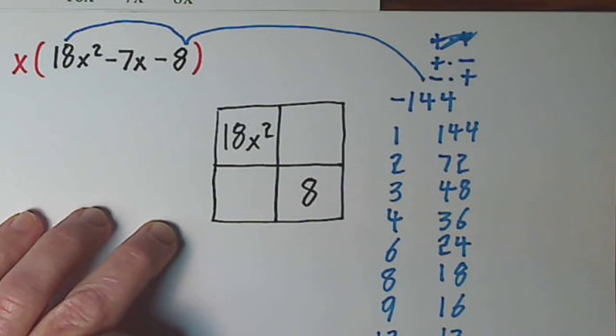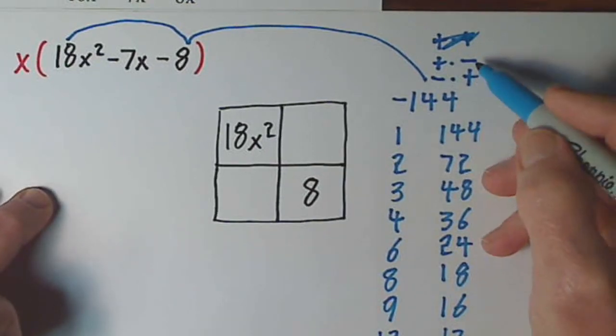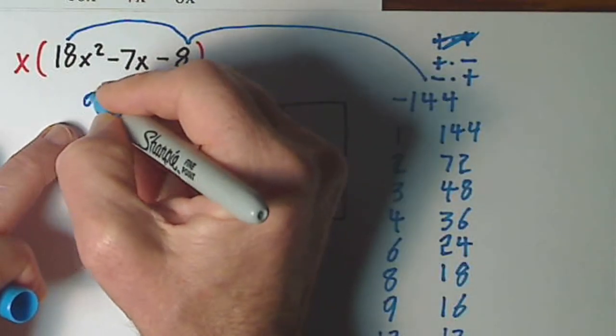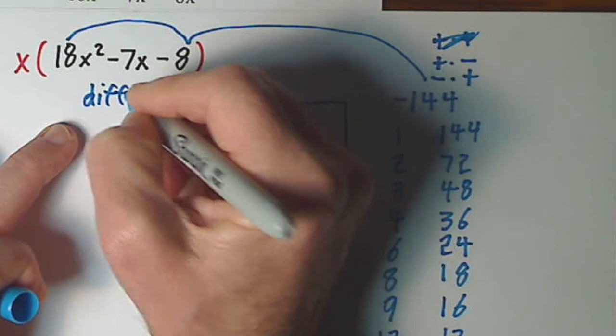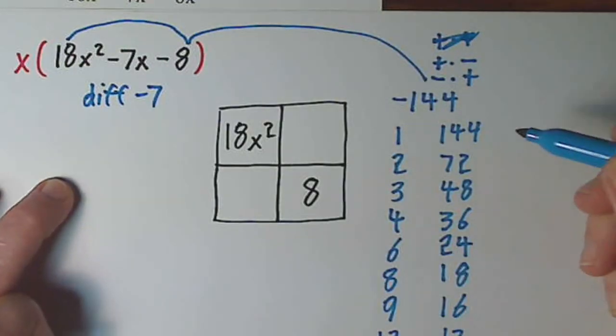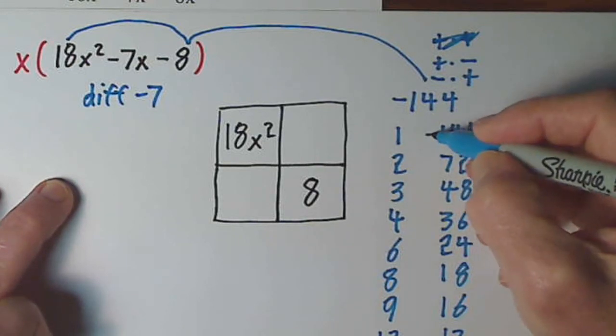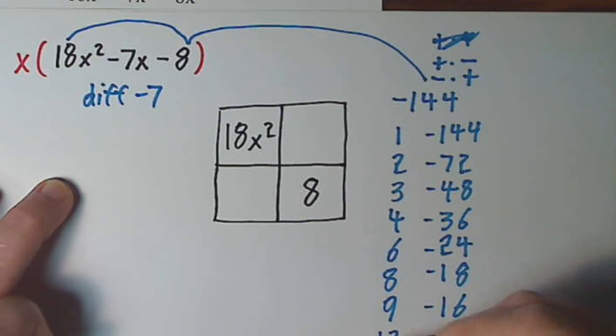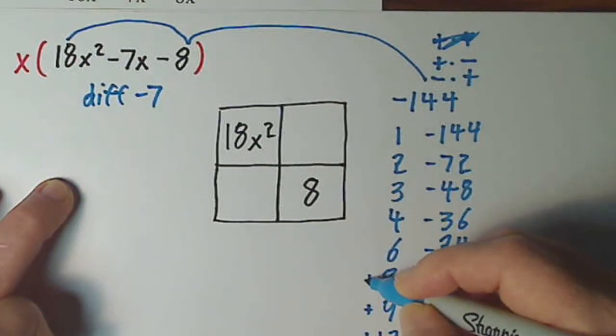It's the only way you can get a negative number if you're multiplying. Okay? If these signs are different, that means I'm going to be looking for a difference of negative 7. That means the larger number must be negative. Smaller one must be positive.